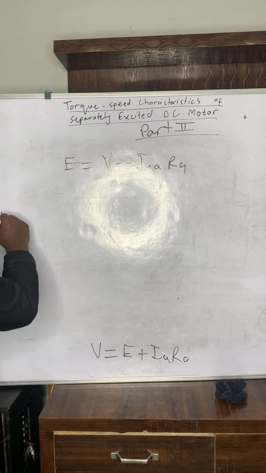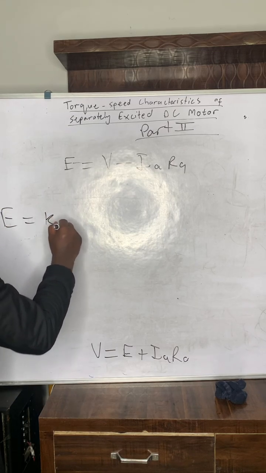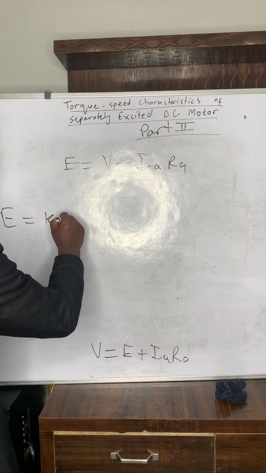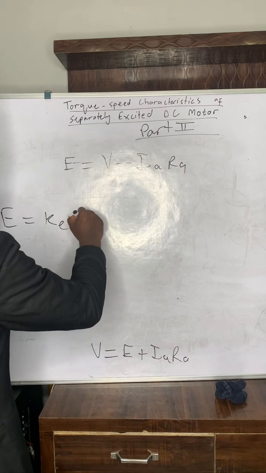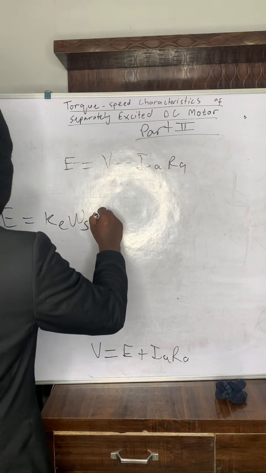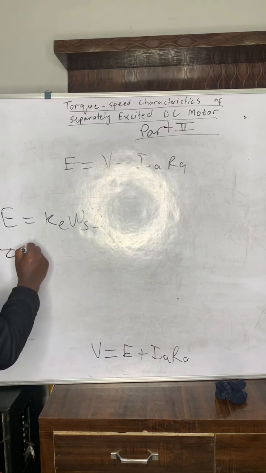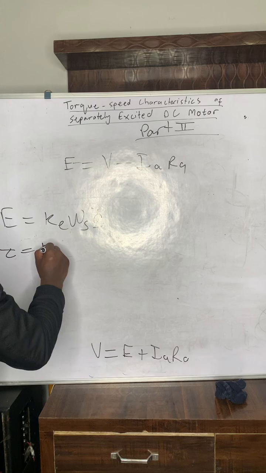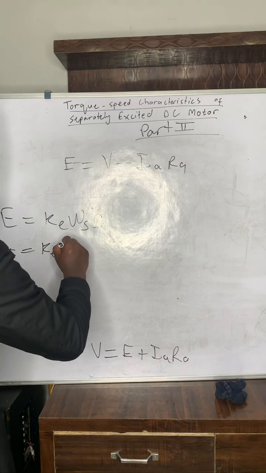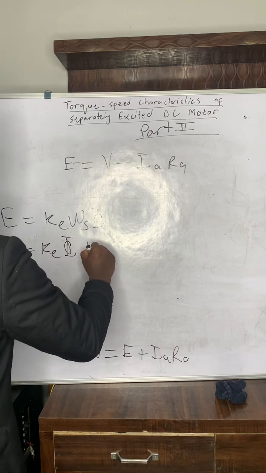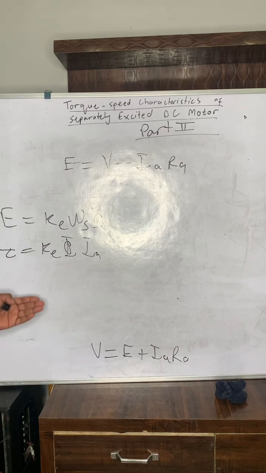But we know that E is equal to KE phi omega S, and tau is equal to KE phi IA.